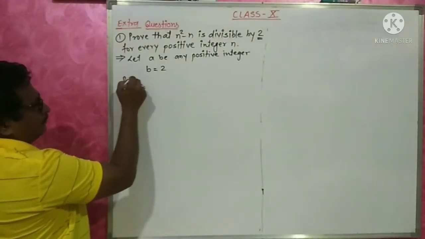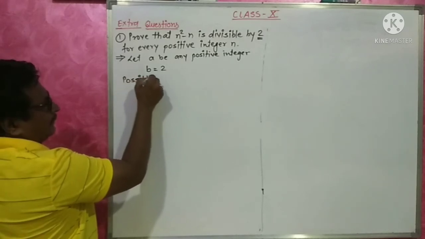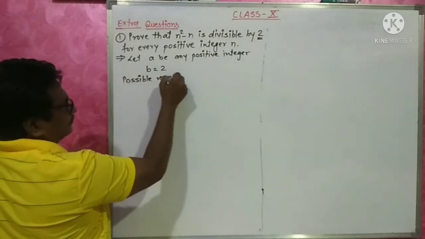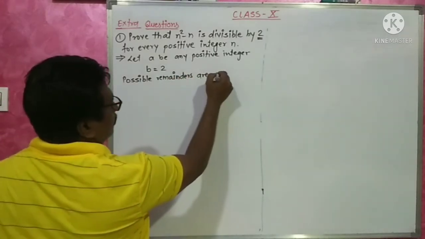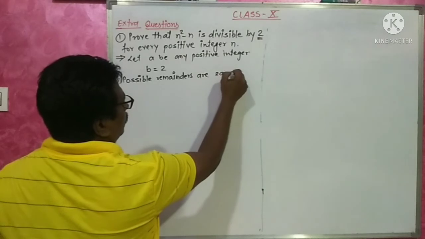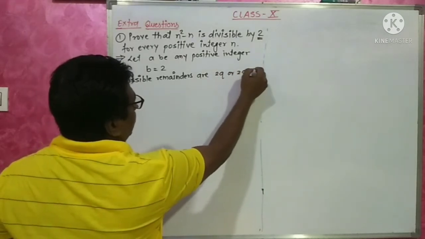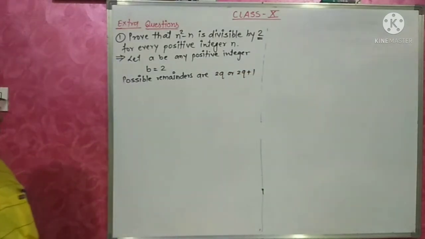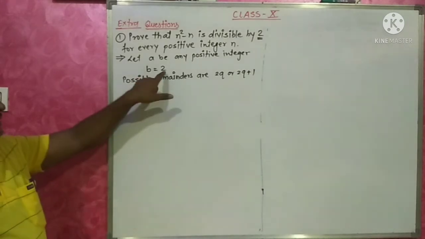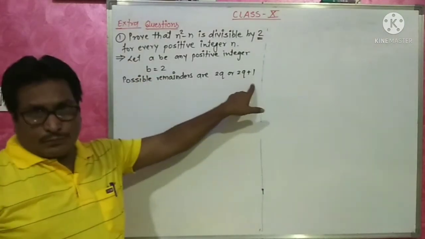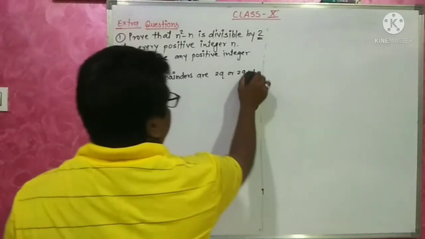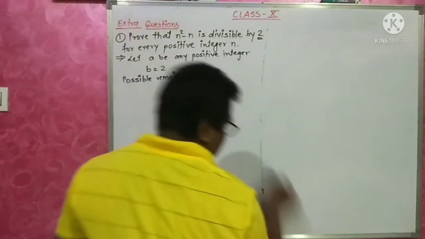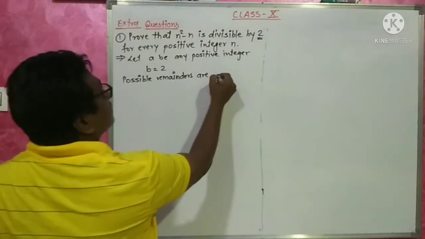Possible remainders are 0 and 1, since the remainder is at least 0 and less than 2. These are the possible remainders.